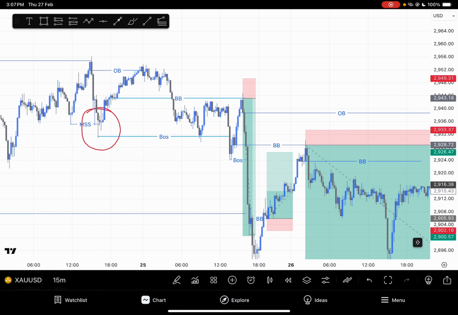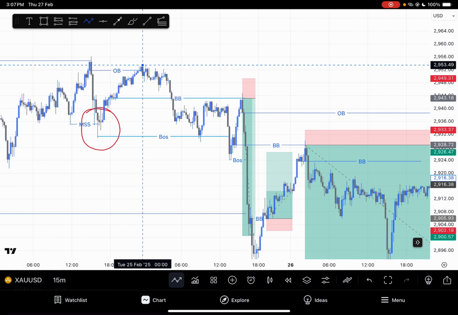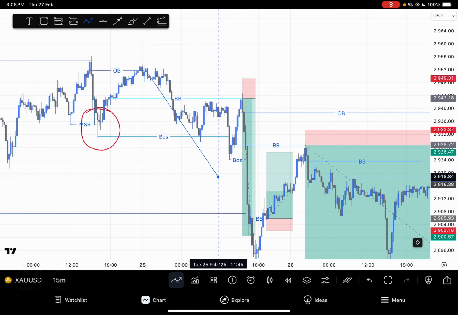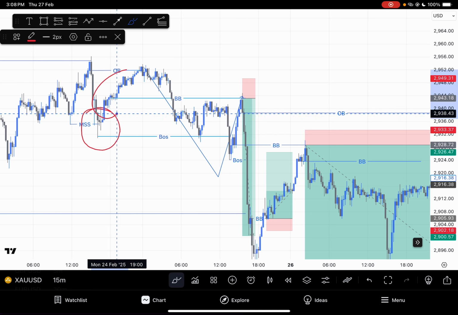One thing you should always know is that if price is moving in a downtrend, each time price creates a break of structure and comes back to retest on either a breaker block or an order block, the order block or the breaker block must always be on the left side.